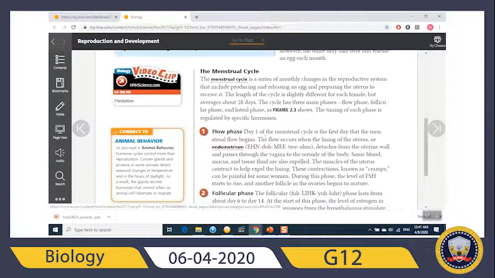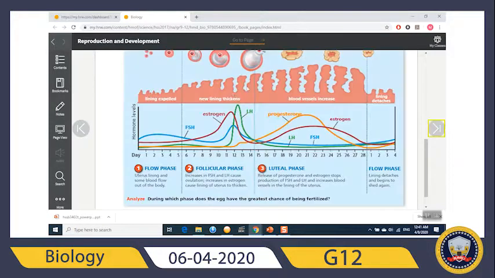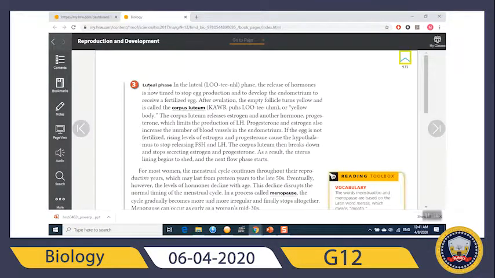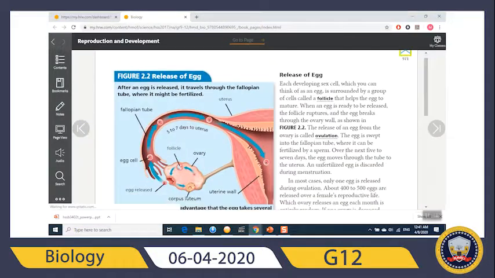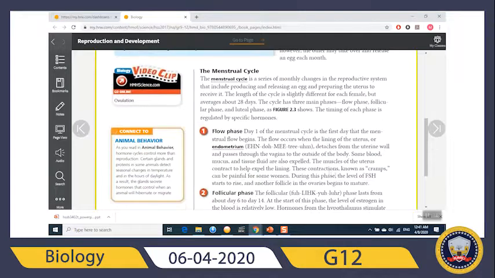Now, the menstrual cycle is divided into 3 main phases. We have the flow phase, the follicular phase, and the luteal phase. Now, the flow phase: from day 1, you will notice that flow begins.